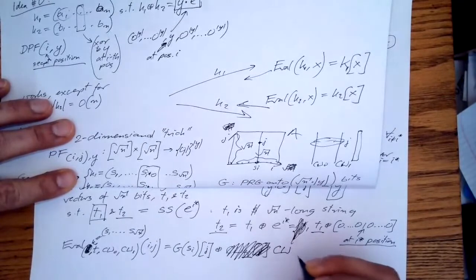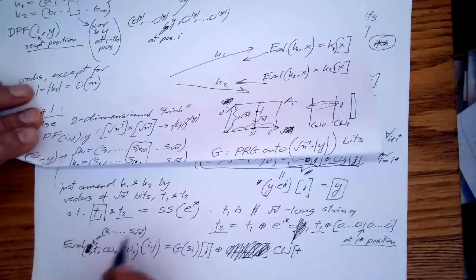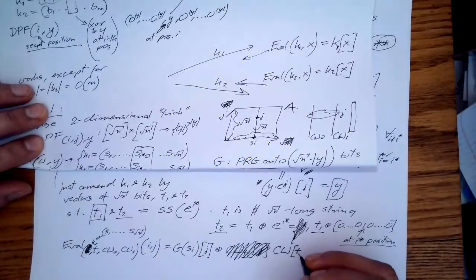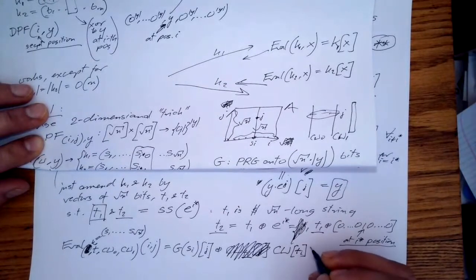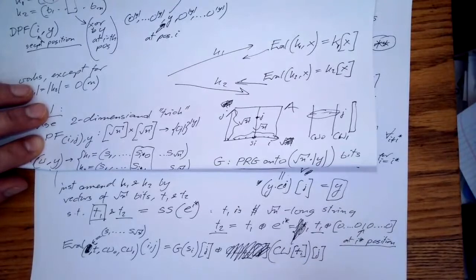I take CW and I look up the T. This is a vector, either T1 or T2. And this is a vector, either K1 or K2. And I use T at ith position in this vector.